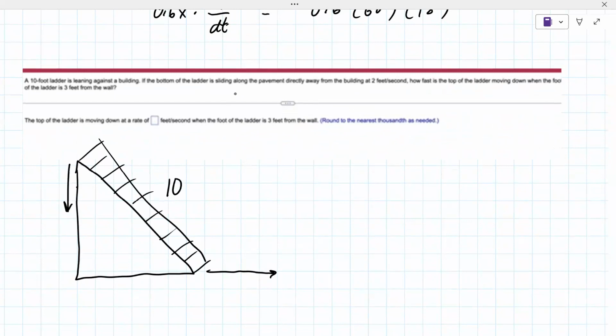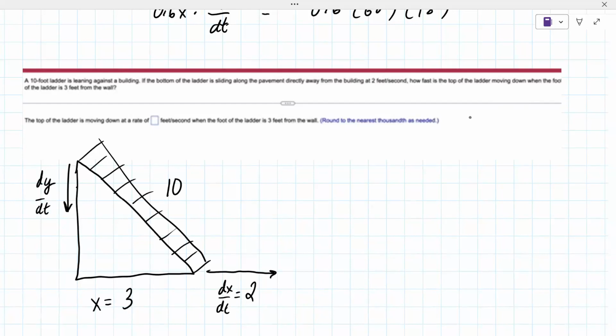It's a 10-foot ladder, and it's sliding away at 2 feet per second. So this is dx dt because it's the x value. And we're trying to find dy dt, and it wants to know how fast is the top of the ladder moving down when the foot of the ladder is 3 feet from the wall. So this is 3 feet.